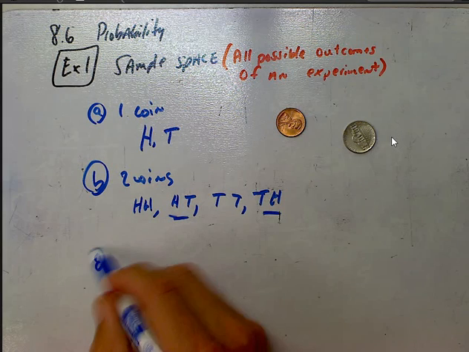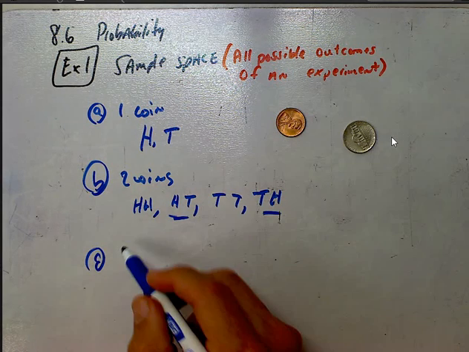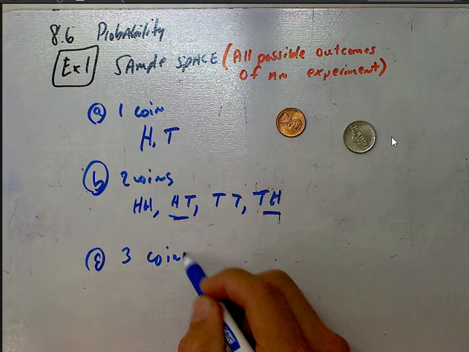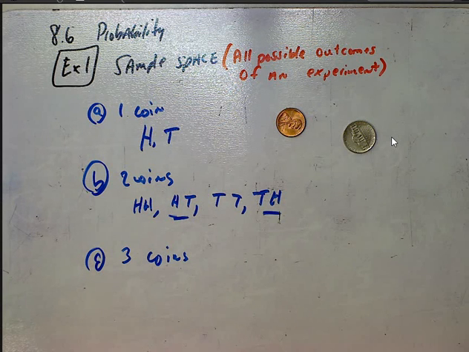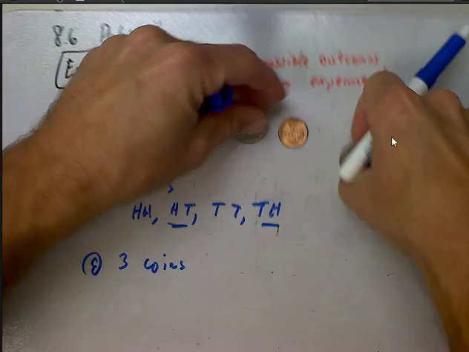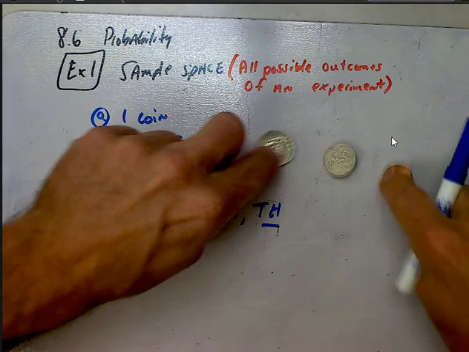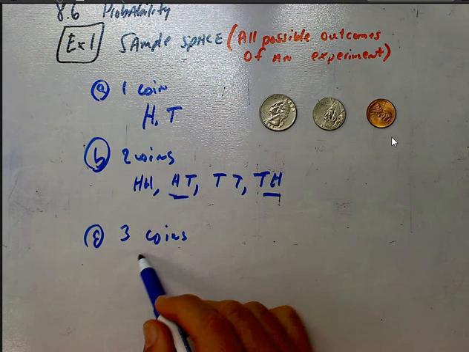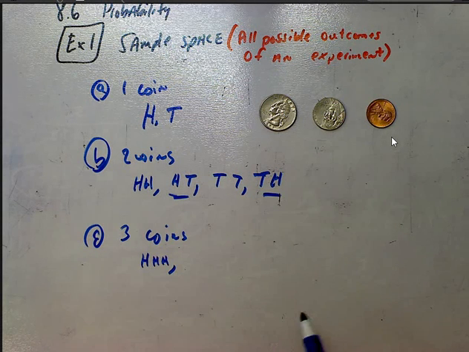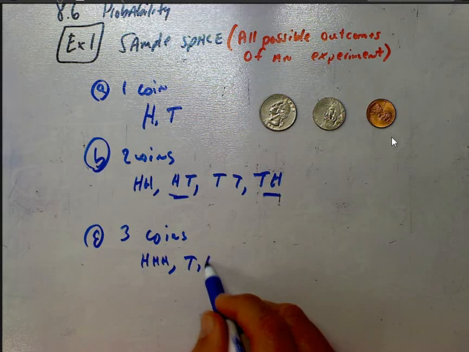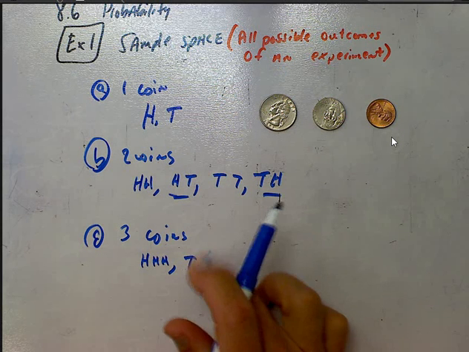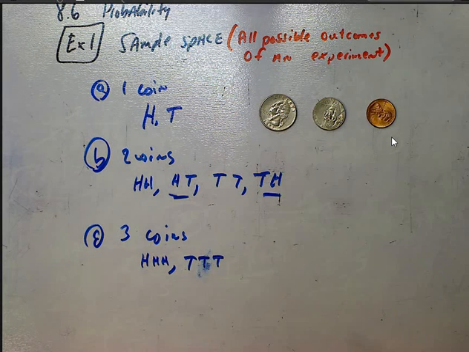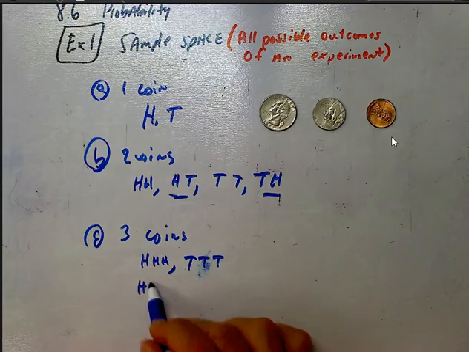For C, what if we toss three coins? And so now I got three coins, so obviously the easy one to figure out is heads, heads, heads. Then if I flip them all over, tail, tail, tail. Okay. What if I go heads, heads, tail?